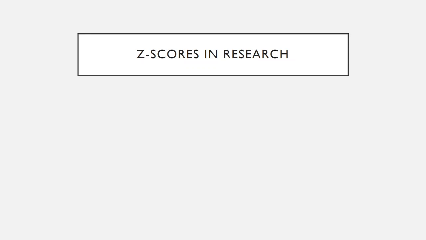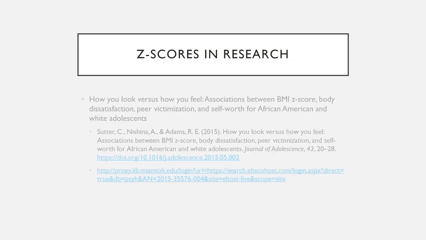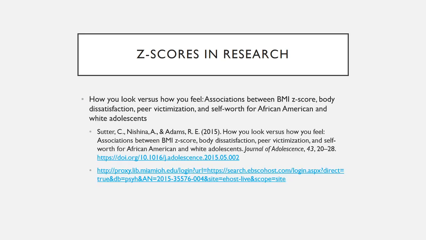Now, if you wanted to do your discussion post this week on z-scores, the idea would be to see how z-scores actually might be used in real published data. So this does happen some of the time. Certain variables, researchers have statistical justifications for doing a z transformation because essentially what this accomplishes is, again, standardization. Let's say you have a variable like BMI, which you necessarily expect to be different in different age groups.